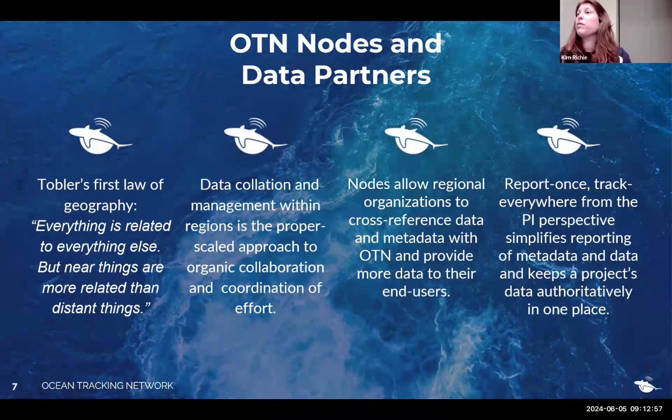And that is not about the fish that we are studying. That is about the people doing the studying. So researchers tend to be more interested in what's happening nearer to their study area, and then progressively less interested in what's happening further from it.